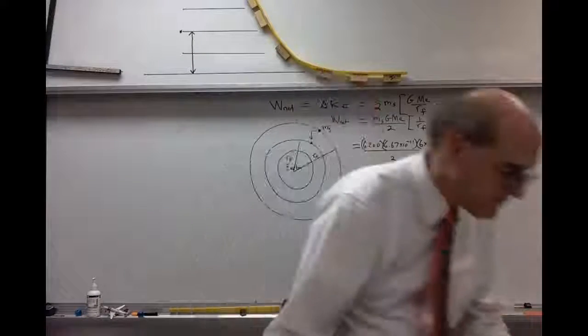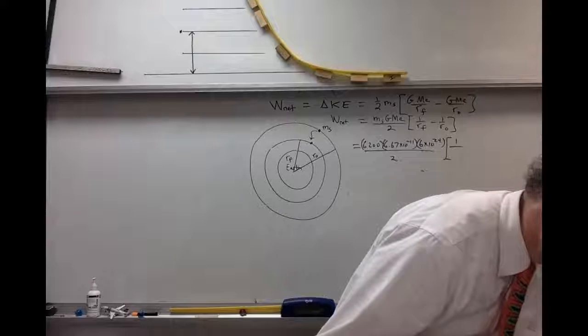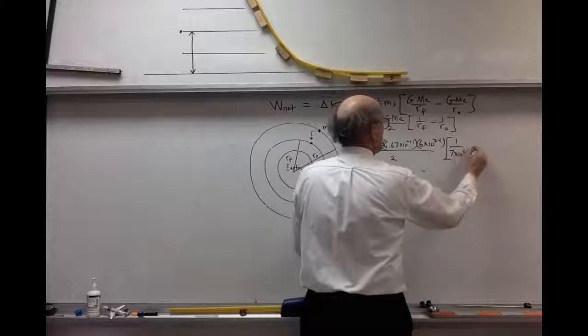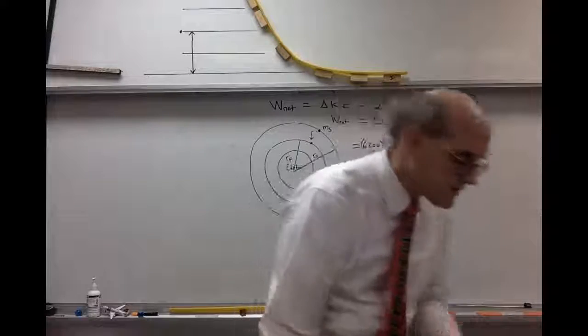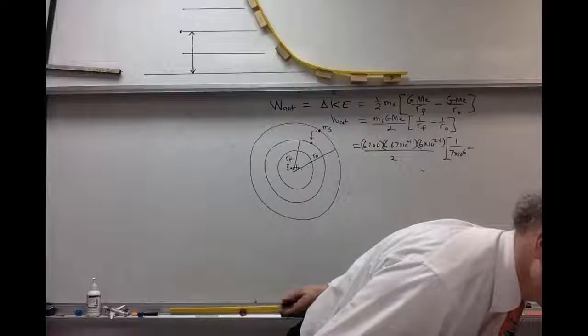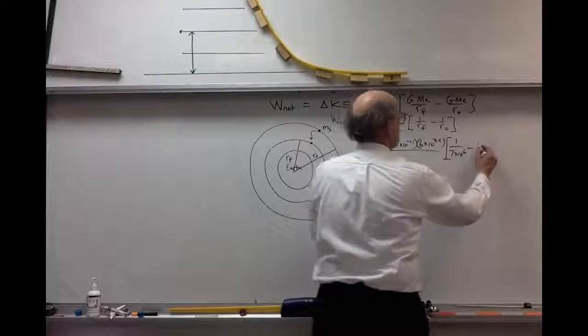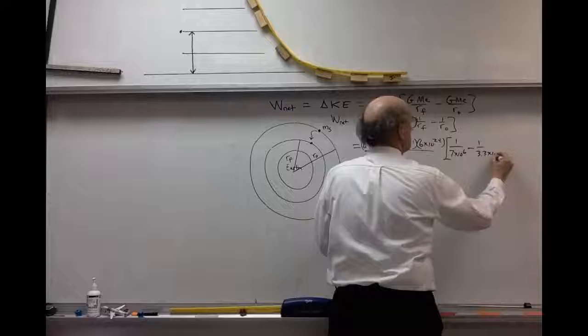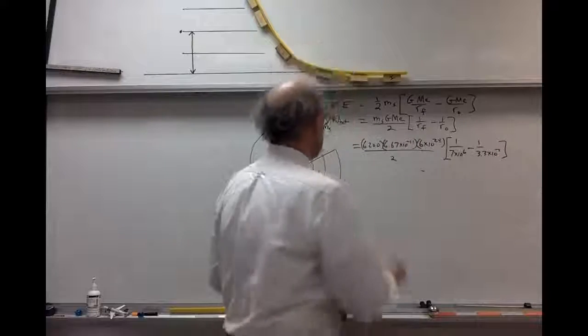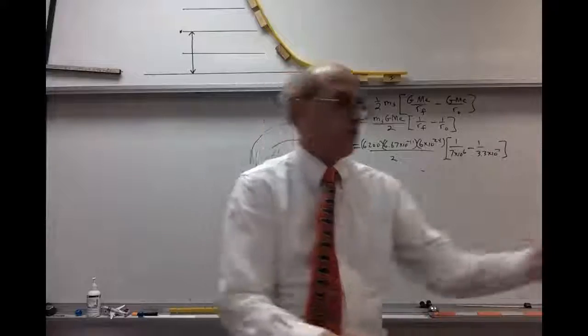RF is given as 7 times 10 to the 6 meters. And RO is given as 3.3 times 10 to the 7th meters. All right, so let's see what we get for the net work.